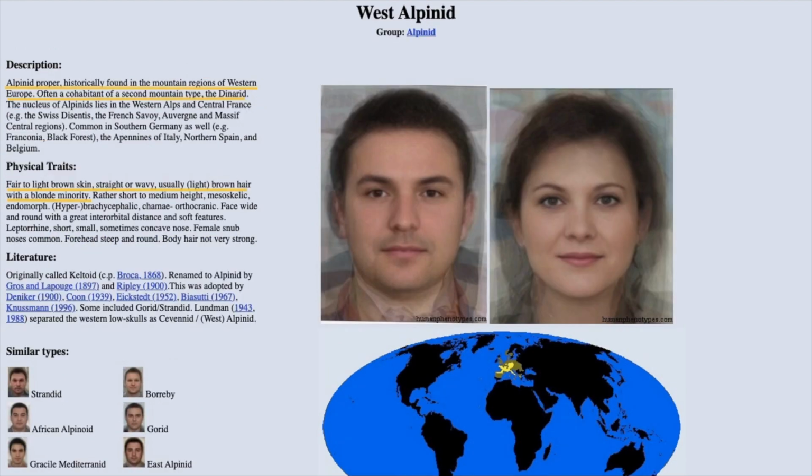So the West Alpine. So Alpine proper, historically found in the mountain ranges of Western Europe, often cohabitated with the second mountain type, the Dendritic, fair to light brown skin, straight or wavy, usually light brown hair, with a blonde minority.